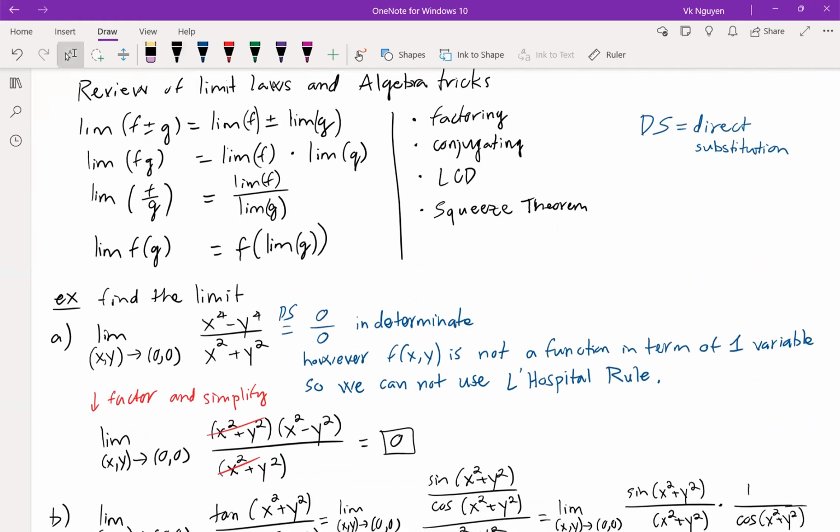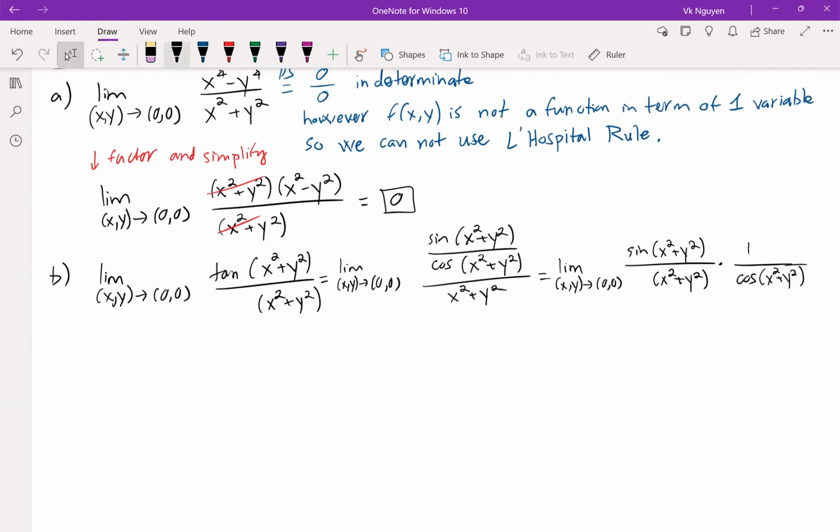Use the limit law, and it'd be a limit (x, y) go to (0, 0) of sine (x squared plus y squared) over (x squared plus y squared) multiplied by the limit (x, y) go to (0, 0) of 1 over, oh my God, it's too small here.